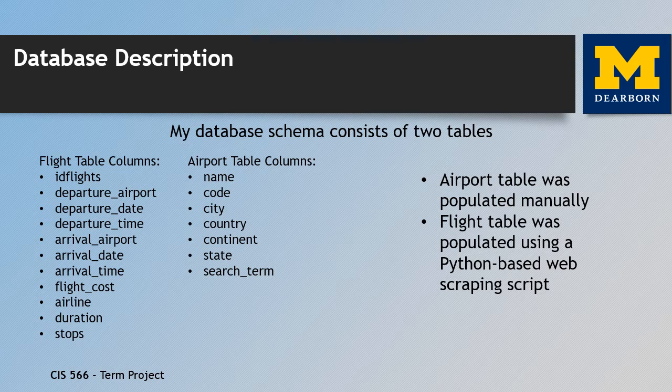So for some airports it was useful to have a search term to search instead. The airport table I populated manually. I created a list of all of the states and all the countries, and searched for one or two major airports in each. The flight table, which has a lot of entries, I populated using a Python-based web scraping script.